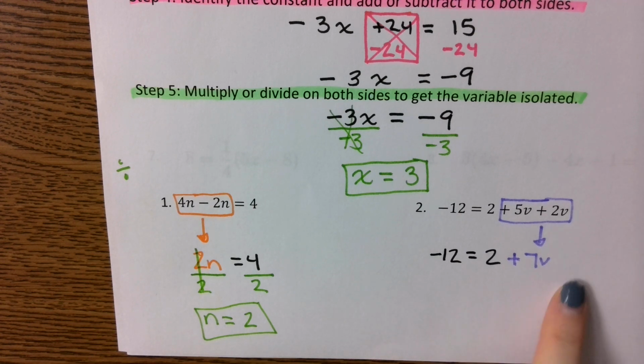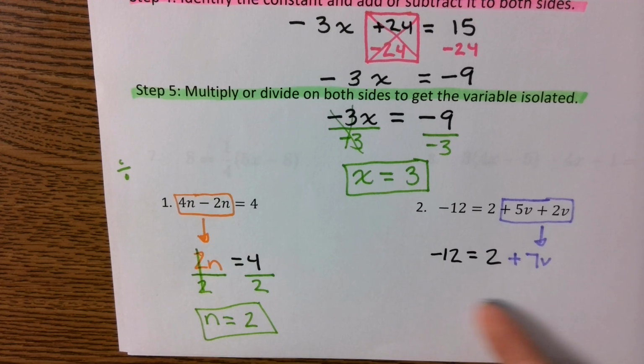All right, we've simplified. We're now down to a 2-step equation. What do I do first? Eli. Cancel out the 2. How do I do that? I don't know what cancel out means. What am I going to do?